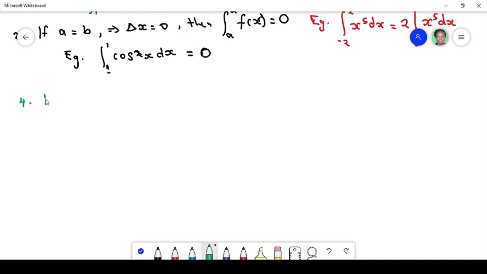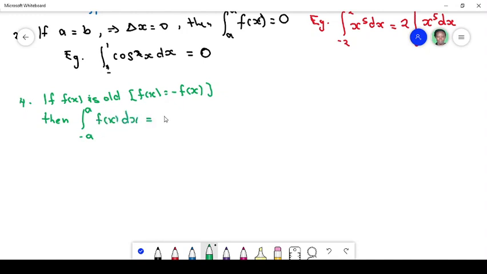So 5 says, let's take an integral from a to b of c times f of x dx. This c we are saying is a constant, and if it's a constant, then it means that you can bring your c out so that I have c times the integral from a to b of f of x dx.